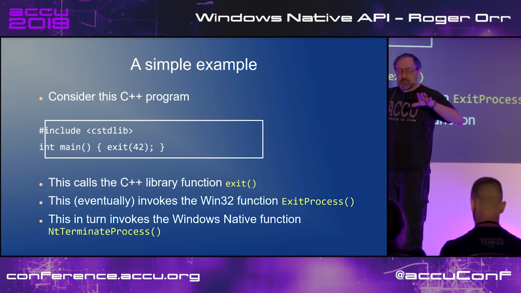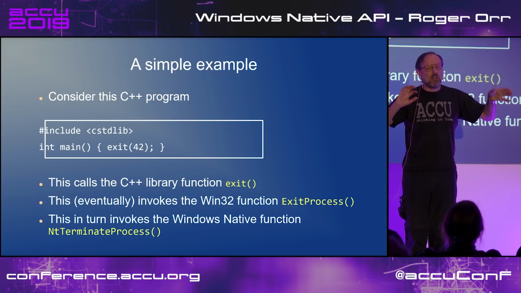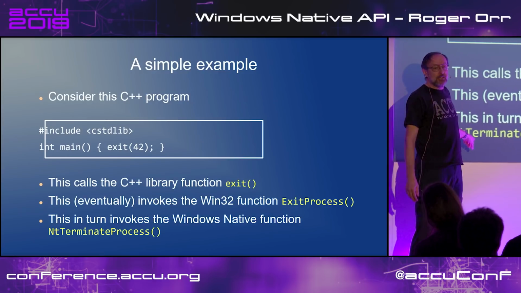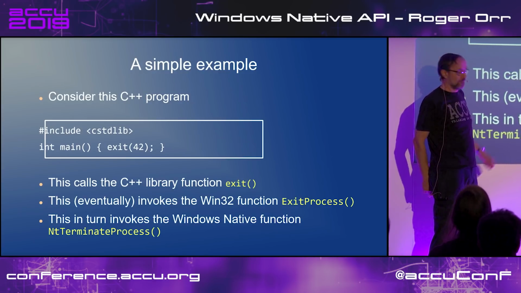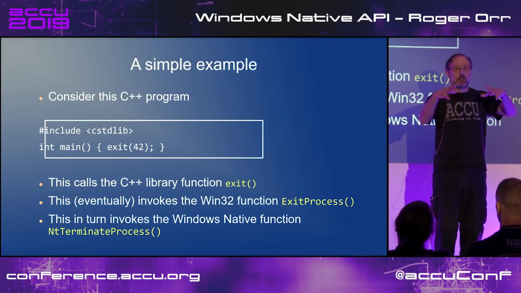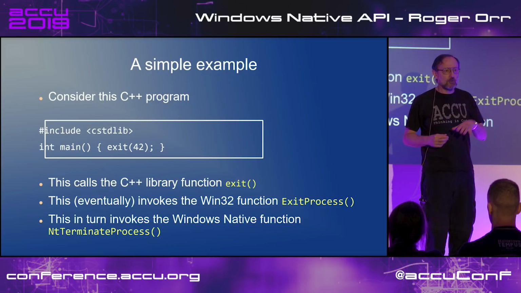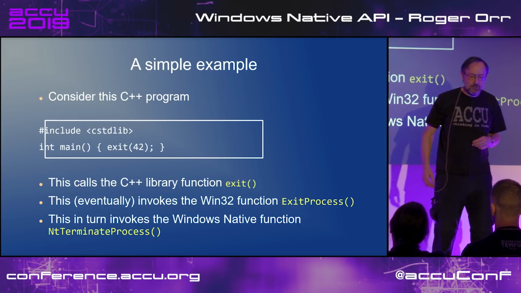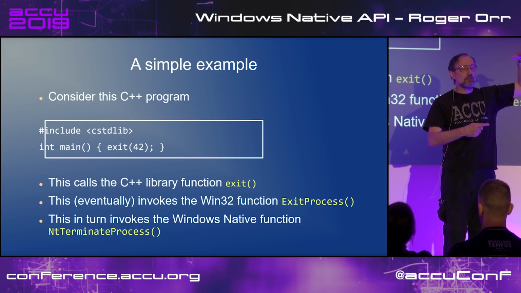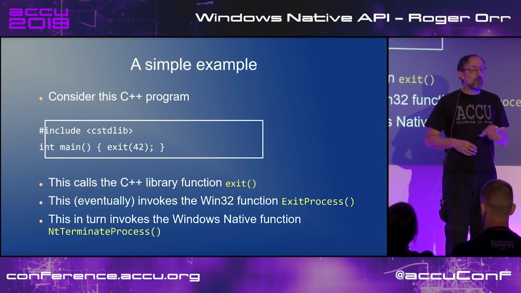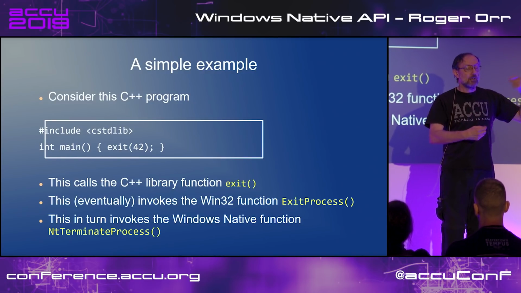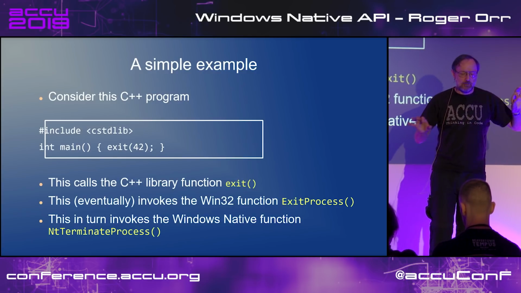And this in turn does stuff, partly documented, partly not, and ends up calling the Windows native function NtTerminateProcess. Okay, so we've got this kind of onion-like approach where we go through. And one of the things you'll discover with the Windows native API is that the degree of correlation between the functions you call in your application and the functions you call in the native API varies widely. So some of them, there's a really clear one-to-one correlation, and others, it's a lot muddier than that.